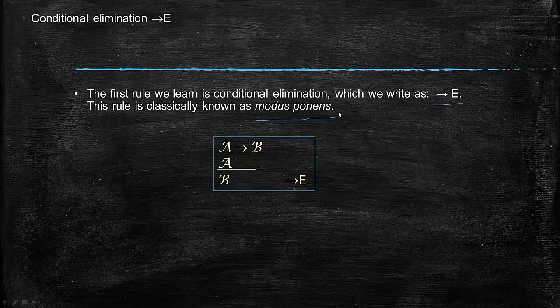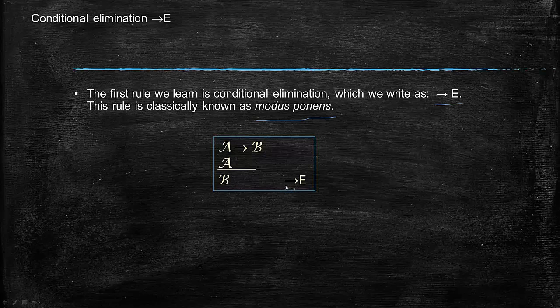It says that if you have if A then B on one line and A on some other line, it doesn't have to be the next line. It can be any other line. But if you have if A then B on some line and A on another line, then you get to write B. Well, why? Because if A then B and A implies B, which you can check using refutation trees or truth tables.